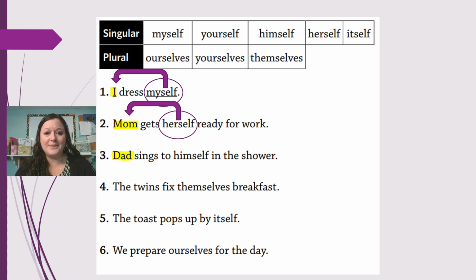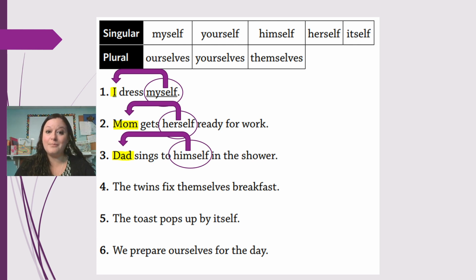What's the pronoun in the sentence that refers to who Dad is getting ready? Did you think it was himself? You're right. Himself is referring to Dad. Remember that himself can be used for one man or one boy.